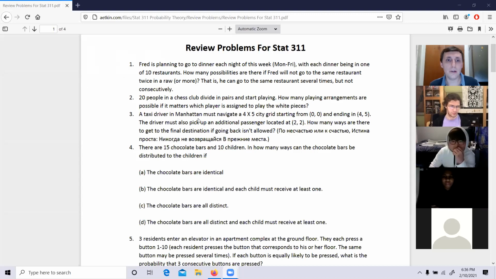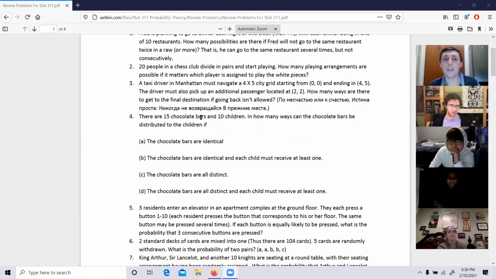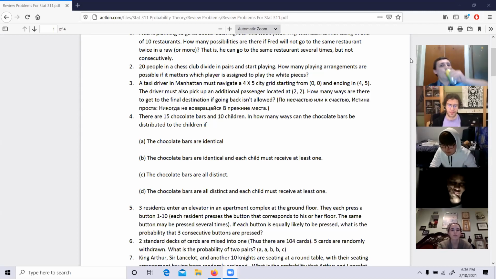All right, now 20 people in a chess club divide in pairs and start playing. How many playing arrangements are possible if it matters which player is assigned to play the white pieces? Interesting.